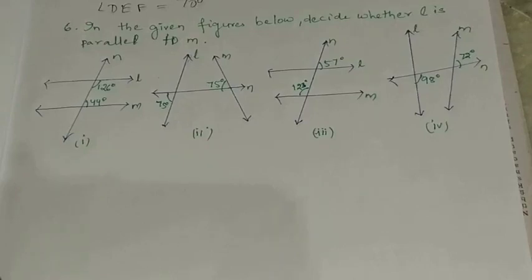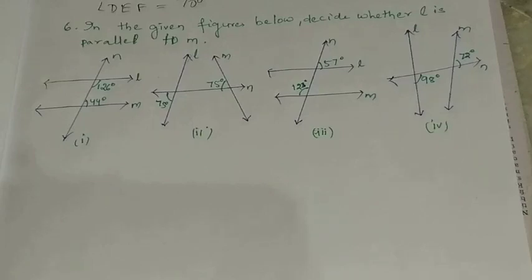When we see the angles formed by the transversal: alternate interior angles property, corresponding angle property, linear angles, pair of angles formed on the same side of the transversal property. If we find these properties, then we can say those lines are parallel.